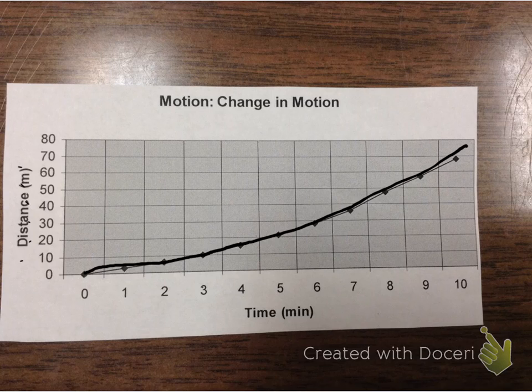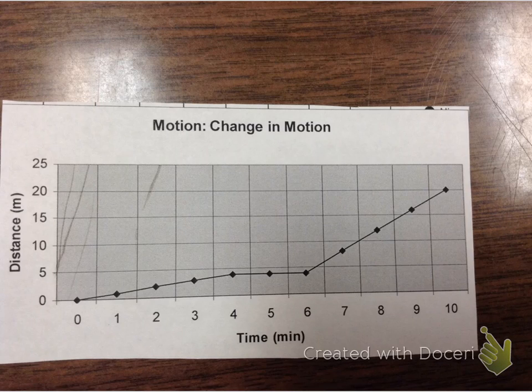It's a curved line. And we're going to talk about what that meant to their speed in just a minute. But it's a change in motion because it is not a straight line. If you're ever not sure, just get a piece of paper and hold it next to the dots and see if it is indeed a straight line or not. This one is not.